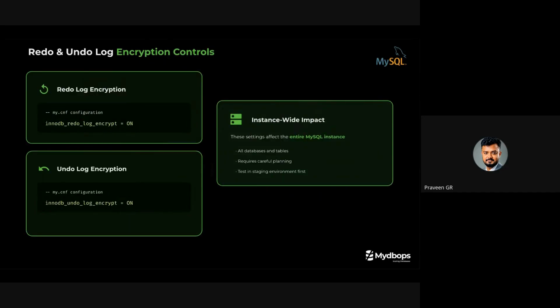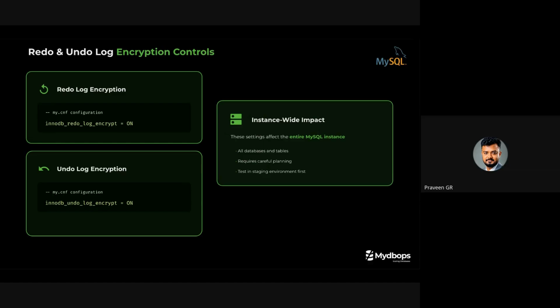Then for enabling the encryption for redo log and undo log, we have a dedicated variable for it. Once we have enabled it, from the upcoming transaction it will automatically start encrypting the redo log and the undo log.